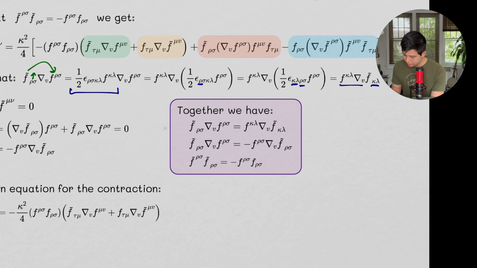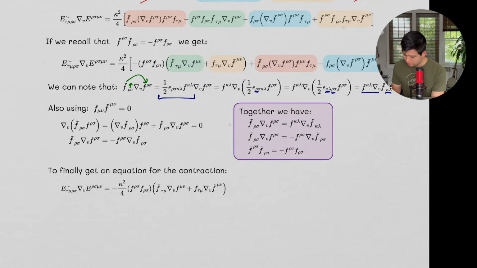And here, we were able to show that when we do that, we get this, but we also get this here.